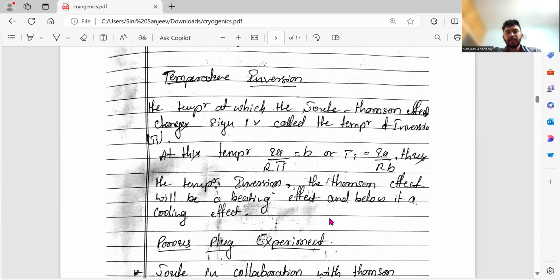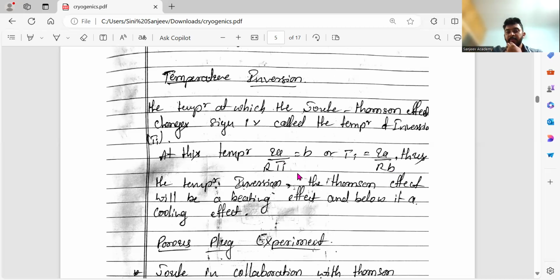And temperature inversion: the temperature at which the Joule-Thomson effect changes sign is called the inversion temperature. Okay, at this time, what happens? 2a by RT1 is equal to b, so T1 is equal to 2a by Rb.